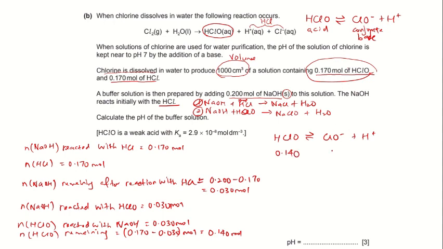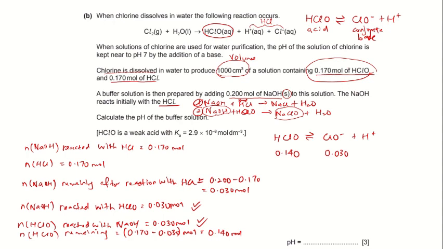The base will be 0.03. Now, how do I know the amount of base that is formed? It is from this equation 2 also. The number of mole of NaOH that reacted with the weak acid is the number of mole of base that is formed in the buffer solution. So 0.03, this one. These two reacted with each other and we get the same number of mole of the conjugate base salt.